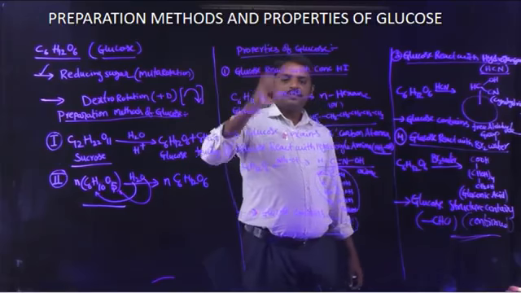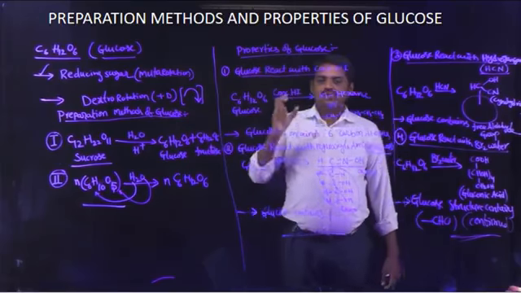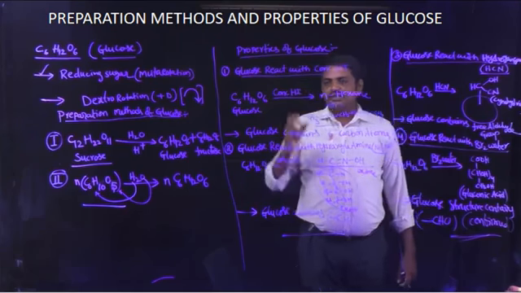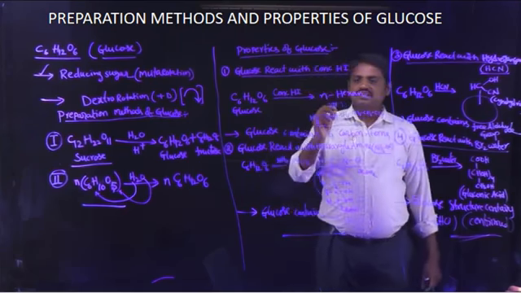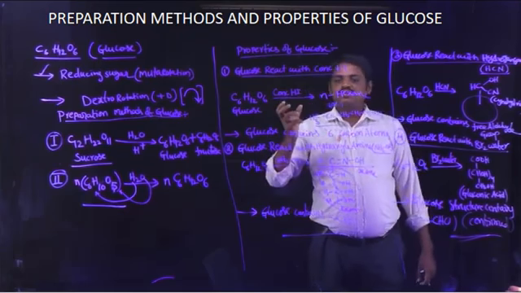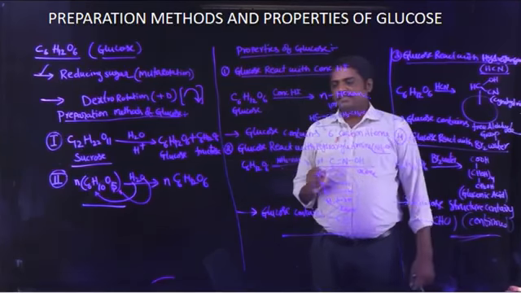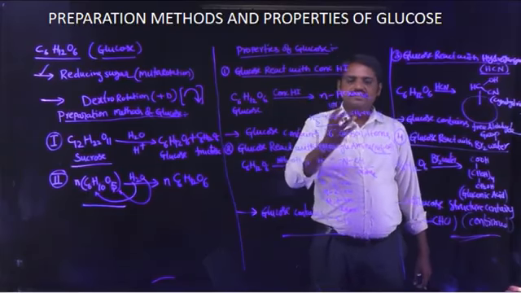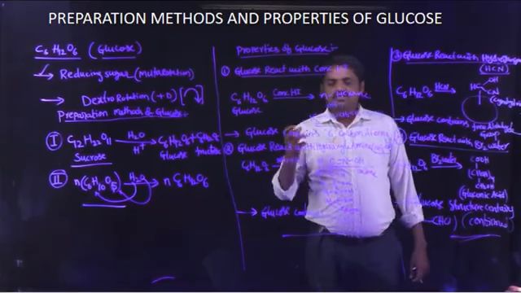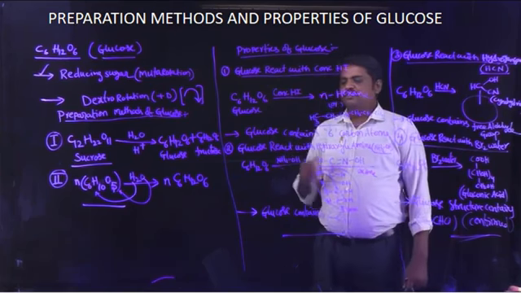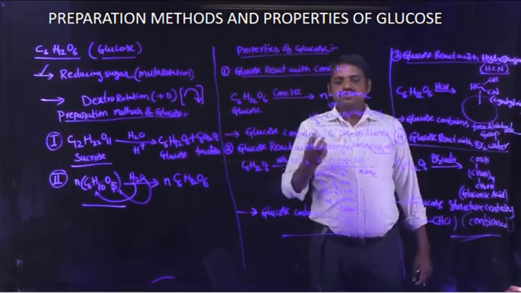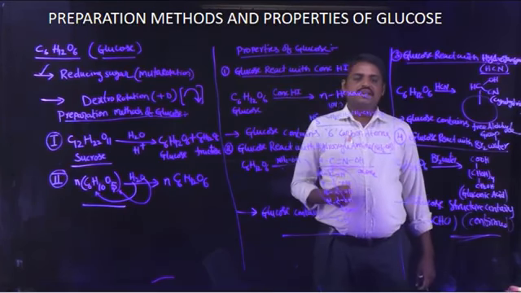Now properties of glucose. Glucose reacts with concentrated HI, so the glucose molecule is converted to n-hexane. This reaction is based on glucose containing 6 carbon atoms. Glucose reacts with hydroxylamine to produce oxime, based on one aldehyde group.